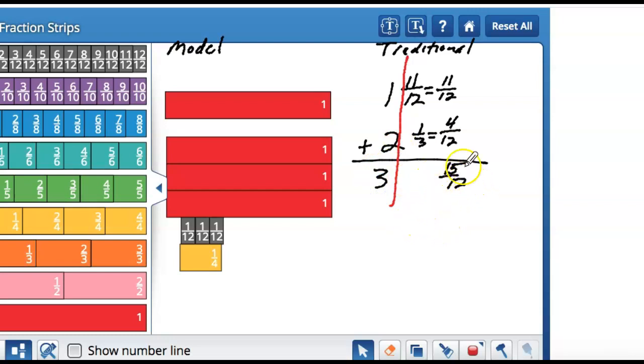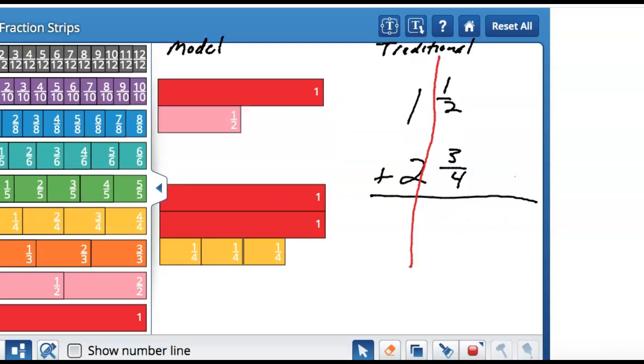When I put this together, I know that 12/12 equals 1 whole. So I have 1 whole and then 3/12 left over. Simplified, that would be 1 1/4, and I put that together with the 3. So I have 4 and 1/4, which is exactly what I got over here.